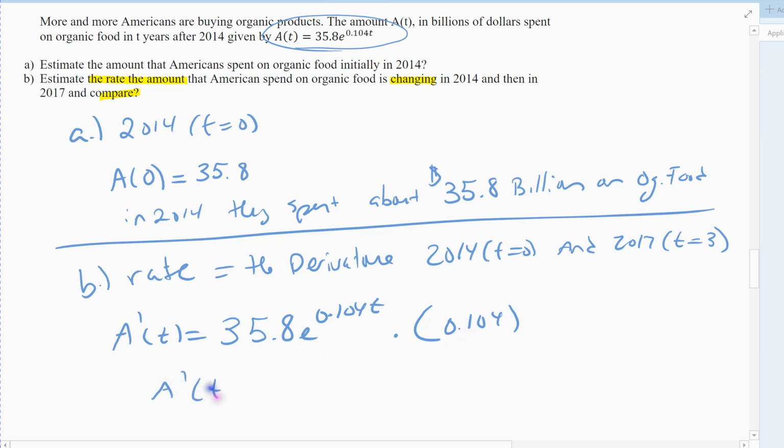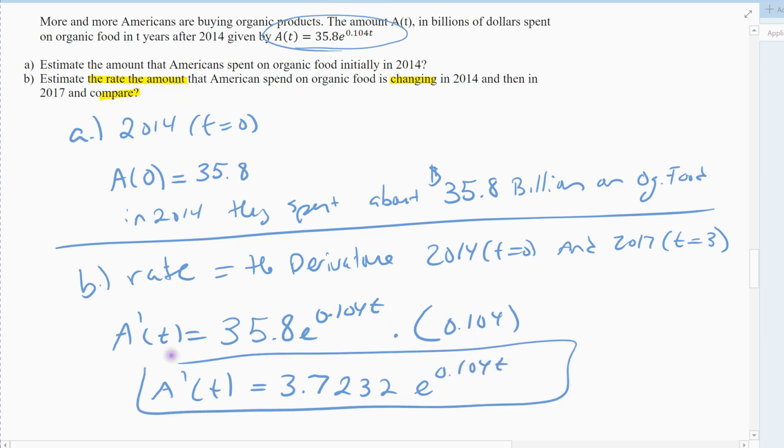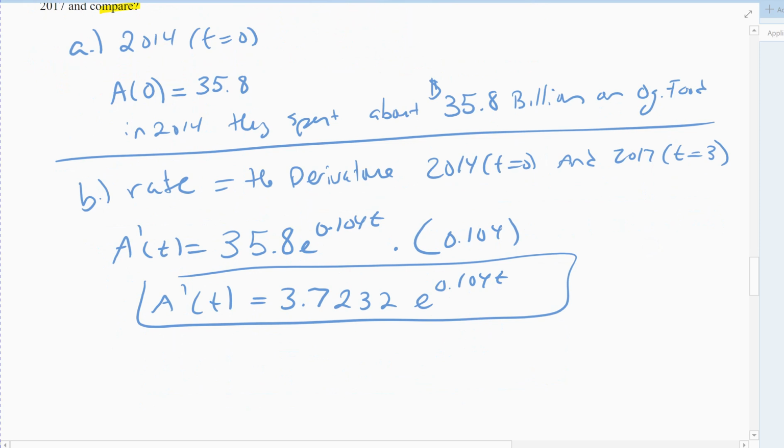When I clean this up and leave it exact, don't round, the derivative is 3.7232e raised to the 0.104 times time, where time represents time since 2014.